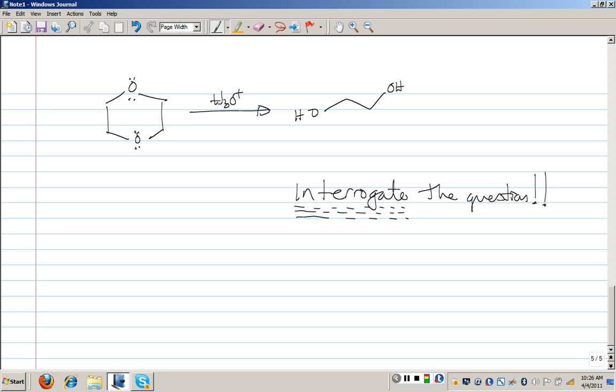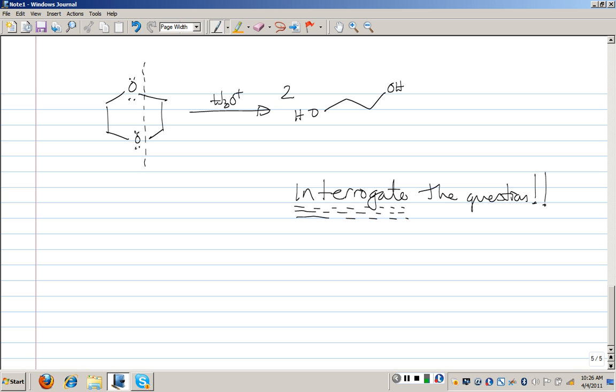Let's figure out what's happened. Well, obviously, I made a 2-carbon product, but I'm starting off with a 4-carbon material, 1, 2, 3, 4. So I have to interpret that I must have made 2 of these. Functionally, I'm splitting the molecule down the middle.